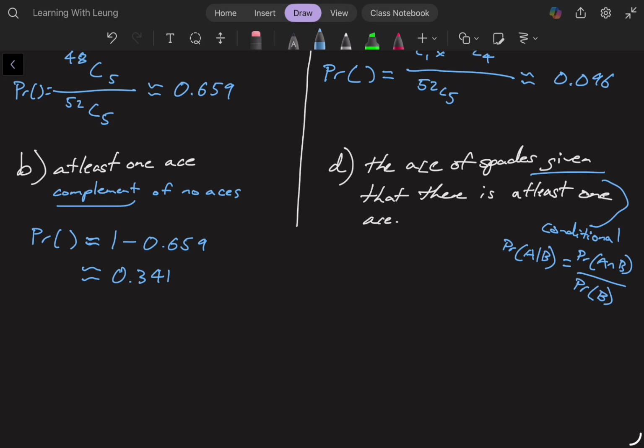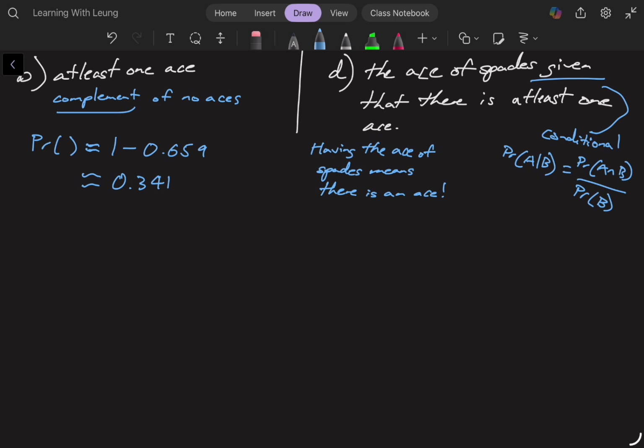But we have a nice thing that's going on in this question, because if I have the ace of spades, I can say having the ace of spades means there is one ace.